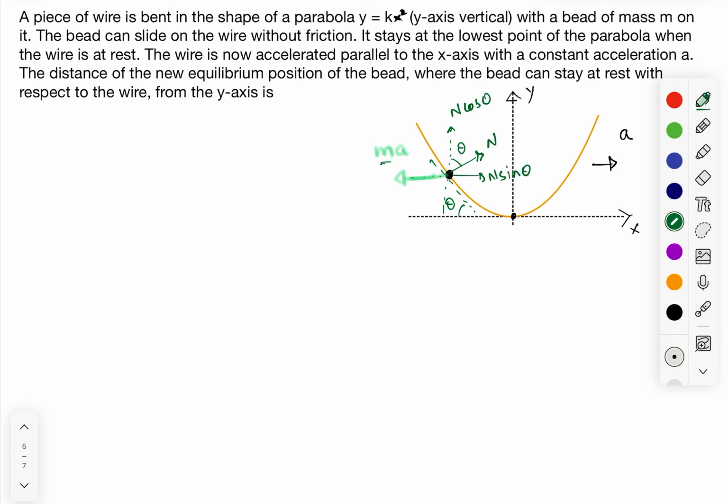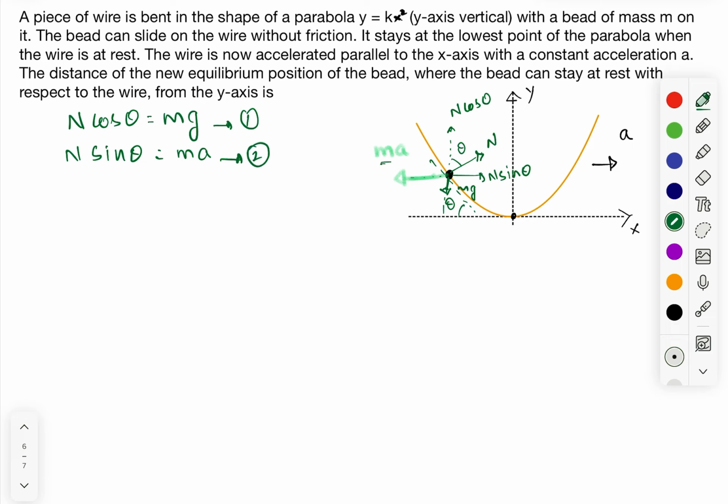N sin theta is balanced by ma, the pseudo force that causes the shift of the equilibrium position, and N cos theta is balanced by mg, the downward force. So N cos theta is equal to mg vertically, and horizontally N sin theta is equal to ma. Let us take these as equation number 1 and equation number 2.